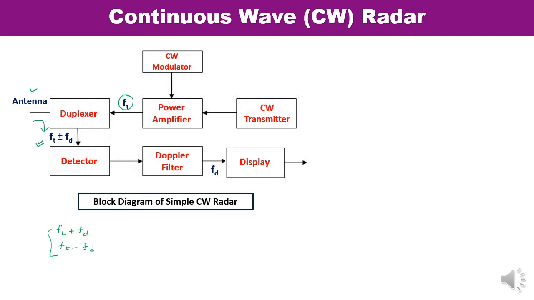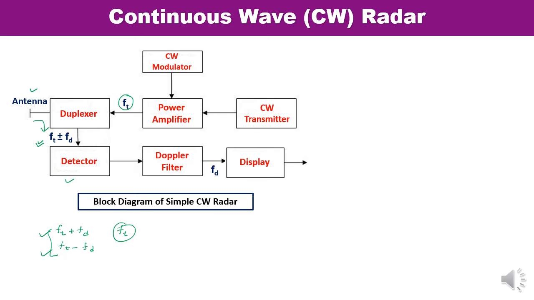Here you can see there is a detector. The purpose of this detector or mixer is to multiply the received signal, which may be ft plus fd or ft minus fd, with the transmitted signal ft, which is taken from the transmitter directly.